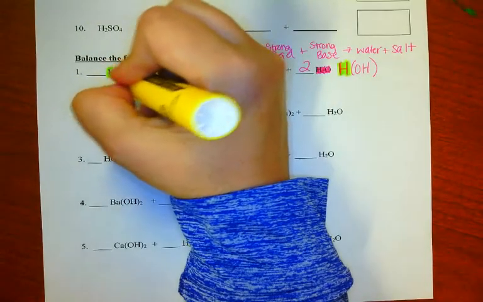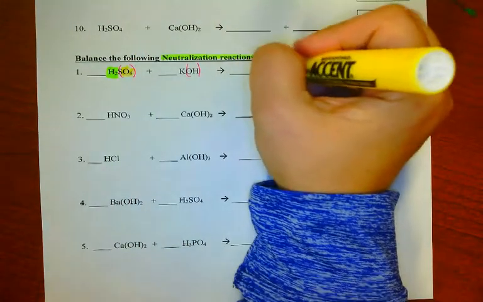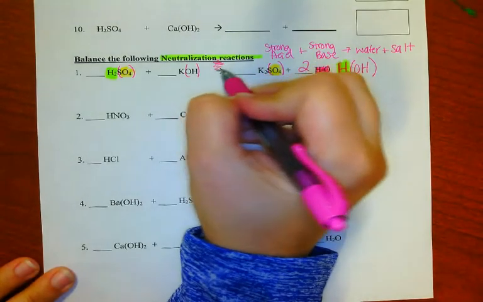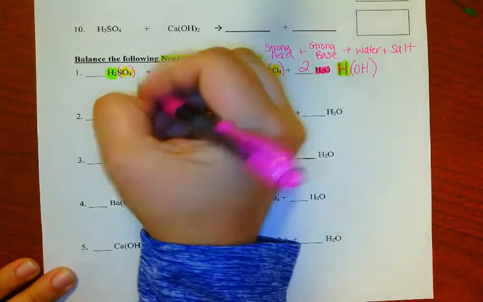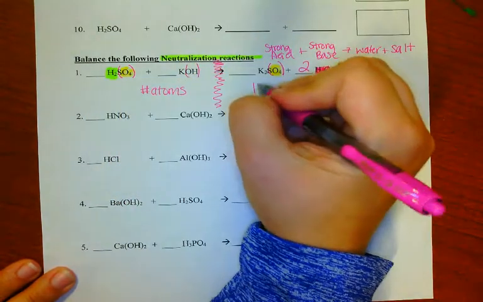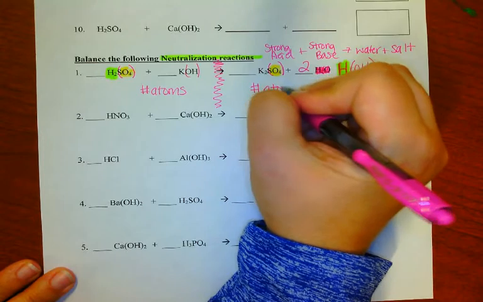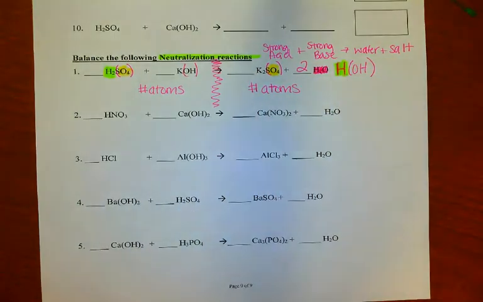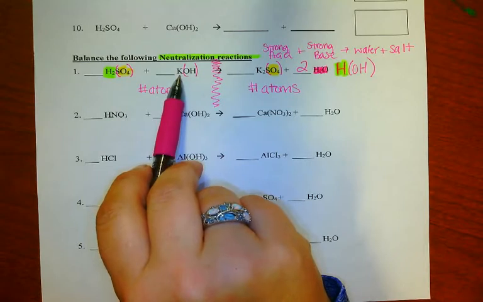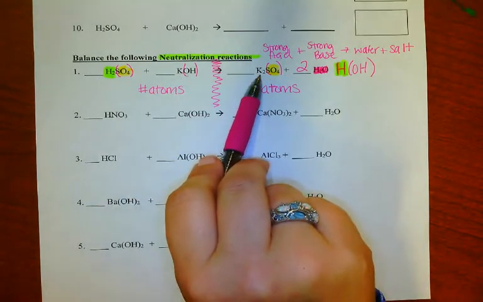For my sulfate group, my SO4 group, there's 1 on each side. Now when I say each side, those of you who weren't here for the balancing unit, we're trying to make the number of atoms on this side exact to the number of atoms on this side. K, there's 1 here, but there's 2 here.